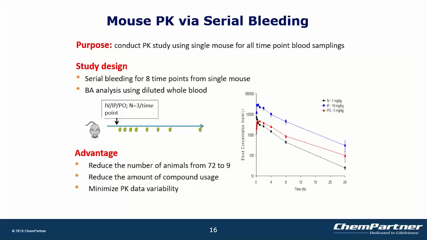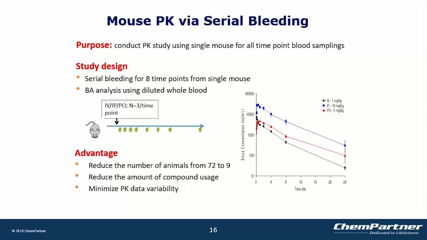Also at early stage, chemists don't make enough compounds, only a few milligrams. So we reduce the compound usage and also minimize the PK data variability. We do serial bleeding in mouse and rodents. And you see the data we generate.